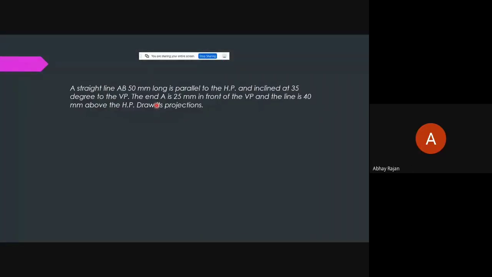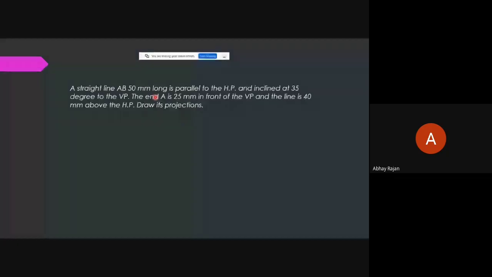So next case, a straight line AB 50 mm long is parallel to HP and inclined at 35 degree to VP. The end A is 25 mm in front of VP and the line is 40 mm above HP. So draw the projections. Is there any doubt in this question? So you can do this easily.